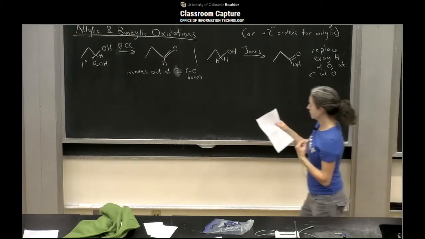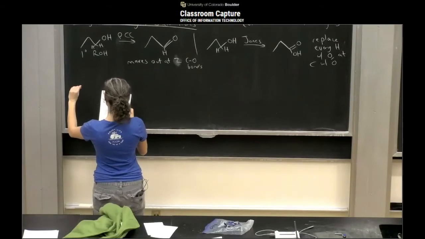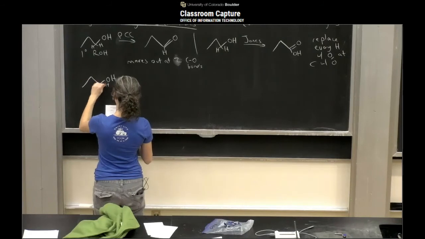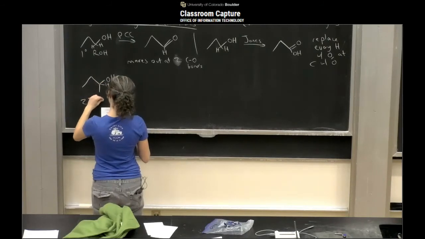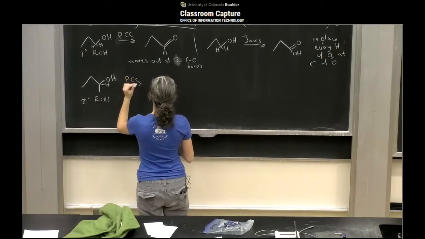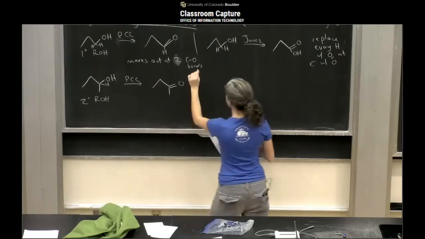Okay, we can also show this for secondary just for comparison. So if we're doing secondary here, again, PCC maxes out at 2 bonds to O. That puts us there.